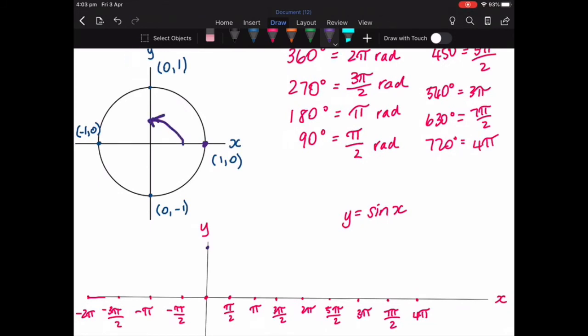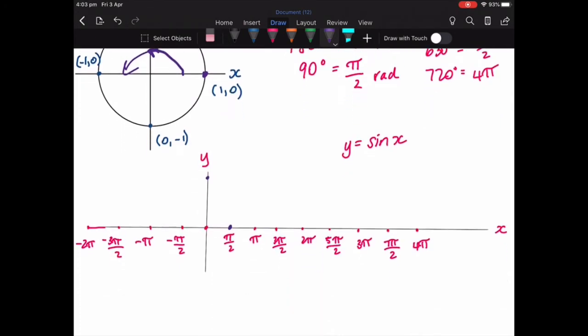Now we move to here. Okay, so we've moved now pi over 2 radians, and the cosine of theta is 0. So that's this point here. Now we go down here. So now we've moved pi radians around the circle, and the cosine of theta is negative 1. So I should have this marked as 1, and down here is negative 1.